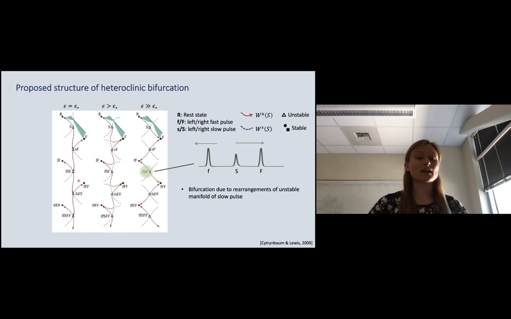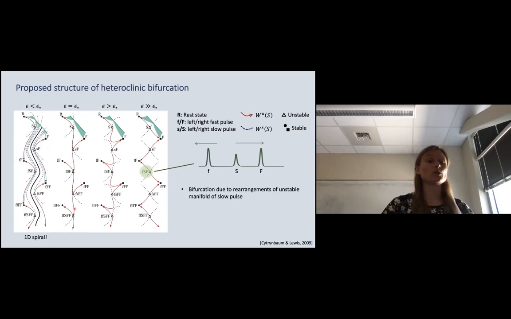You can see on the top here we just have the slow and the fast pulse in the rest state, and below it we have all these different series of pulses. It's hypothesized that not only is this top connection breaking, but anytime there is a slow pulse in one of these series, those connections are breaking as well. You can see that happening all down this line.